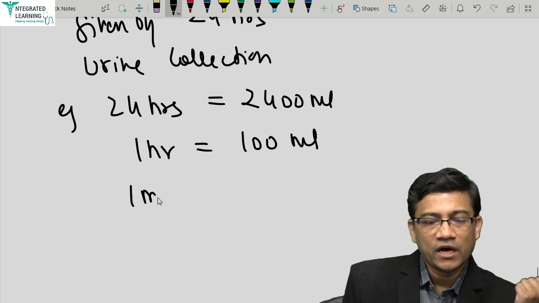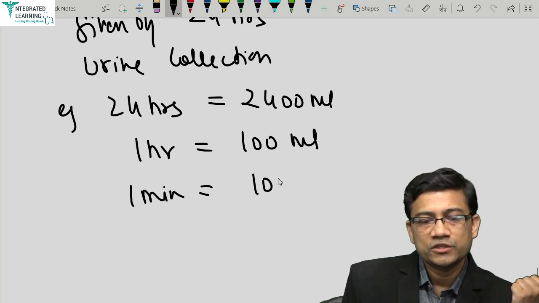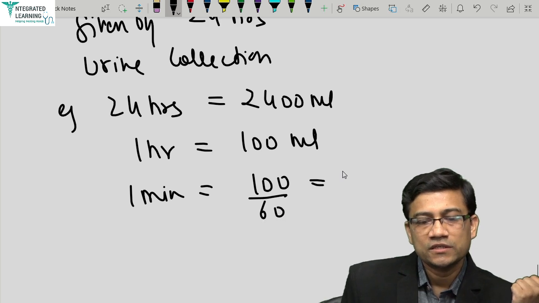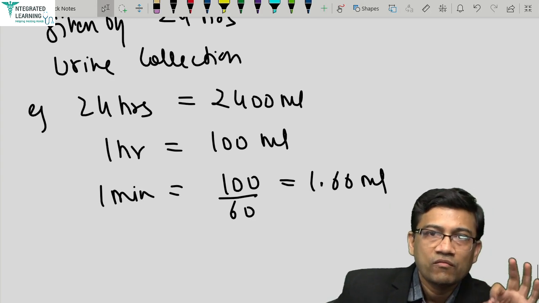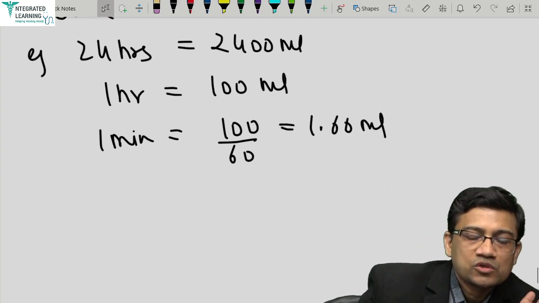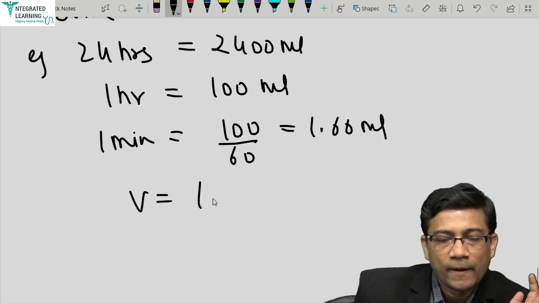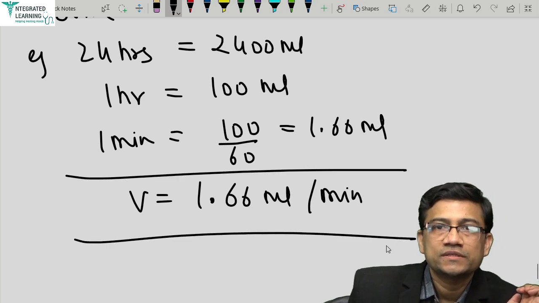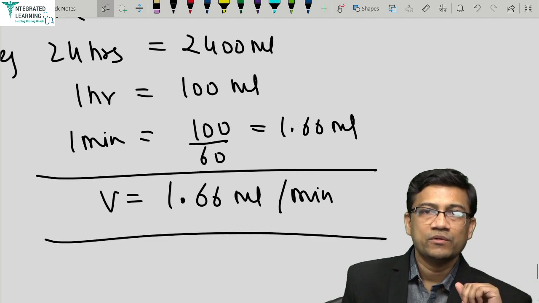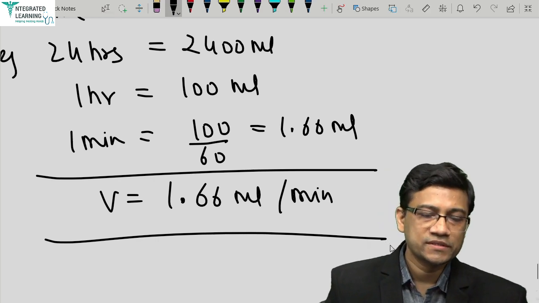In 1 minute how much must he be making? Let us take 100 by 60, that is 1.66 ml. So in 1 hour 100 ml, in 1 minute 1.66. So the value of V is 1.66 ml per minute.